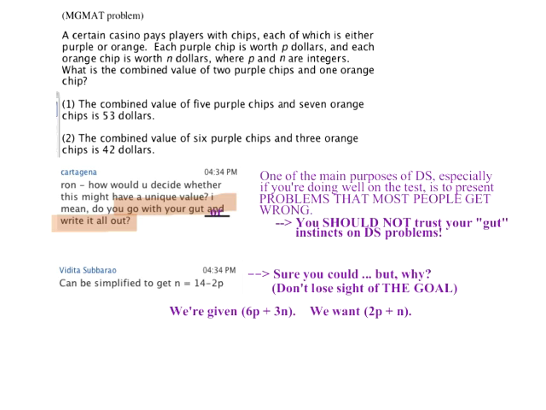You've got to look at it and be like, oh, look, I'm given 6P plus 3N, and I want 2P plus 1N. Once you realize that, it should be perfectly clear that there's no reason to do manipulations like this, because why would you? All you have to do is divide the given expression by 3 and you're done.